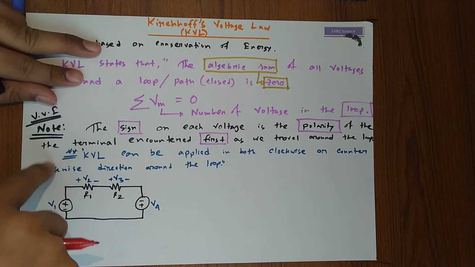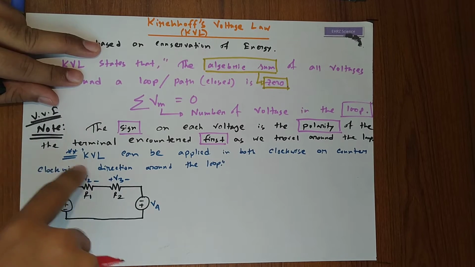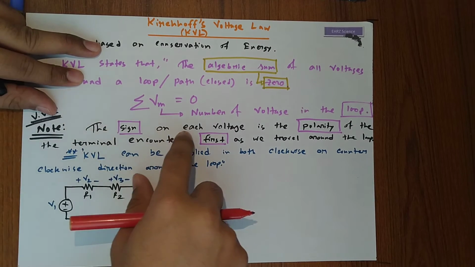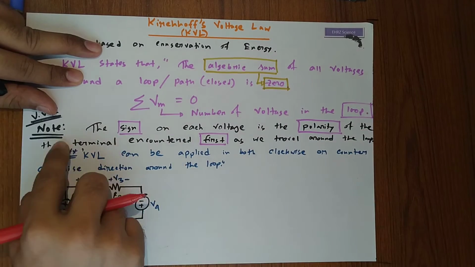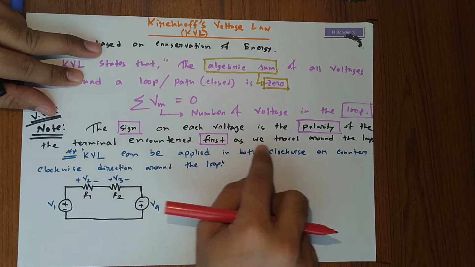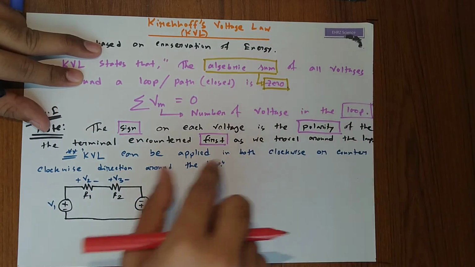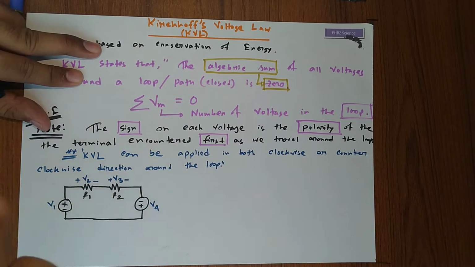Now, you have to keep in mind this note that the sign on each voltage is the polarity of the terminal encountered first as we travel around the loop. So you have to travel this loop.